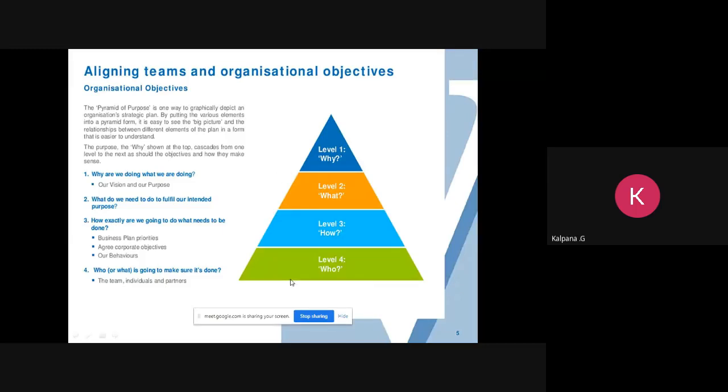But we can correlate all of these questions at each and every level in an organization, so that we have a better objective hierarchy and better objective network. Though we have set a particular objective or a set of objectives so effectively, how are we going to align them among the teams? This is very, very important. So we need to have a solution to all these questions at different levels.